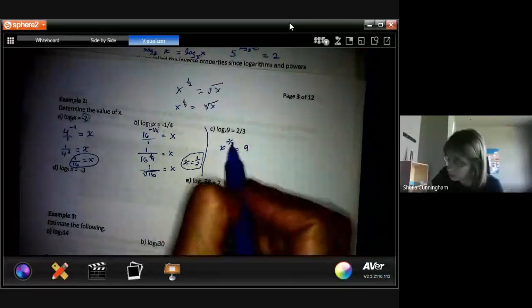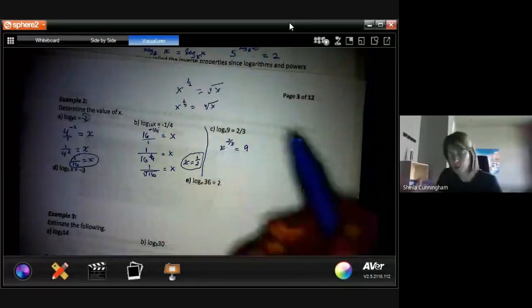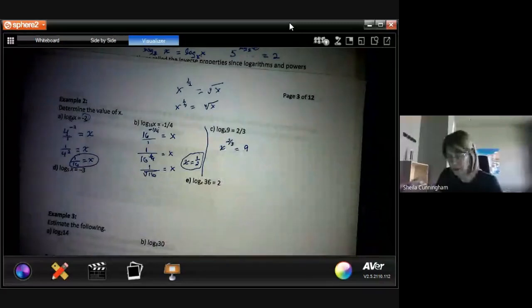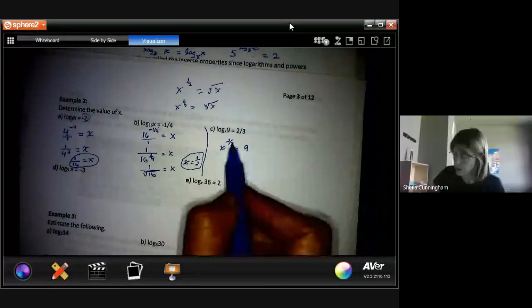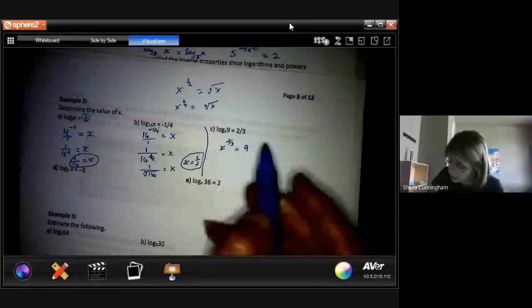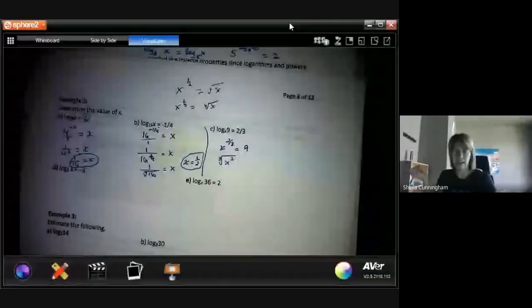I'm going to rewrite it with a root in it, because the moment I have a fractional exponent like this, I'm going to have a root. Because my 3 is in the denominator, that means I've got a cube root, and my x is being squared, and that equals 9.